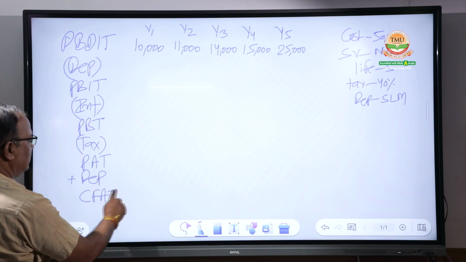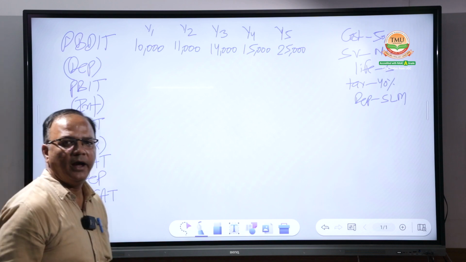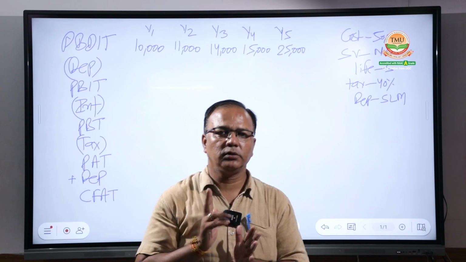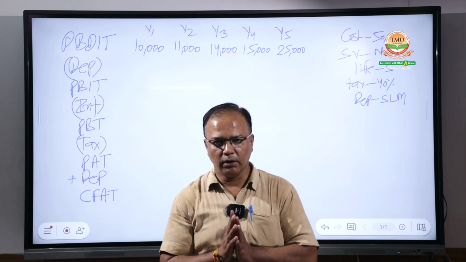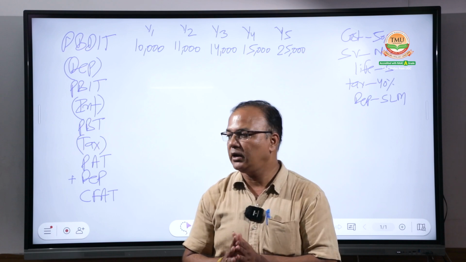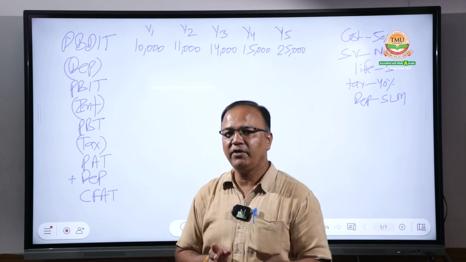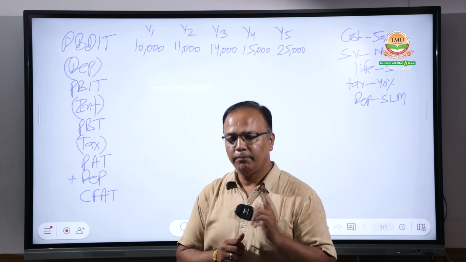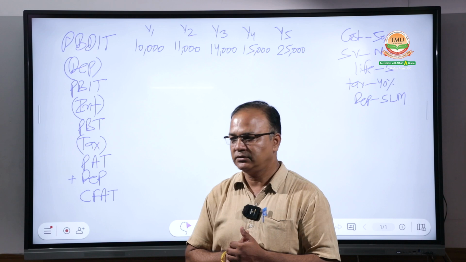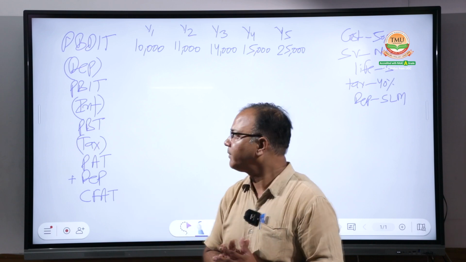Finally, the figure which we receive is called CFAT. We have to find out two things here: accounting rate of return and payback period. For accounting rate of return we need PAT, but for payback period we use CFAT. Let's start.